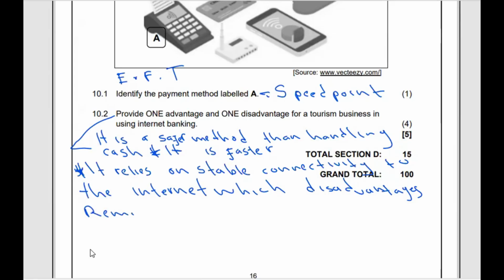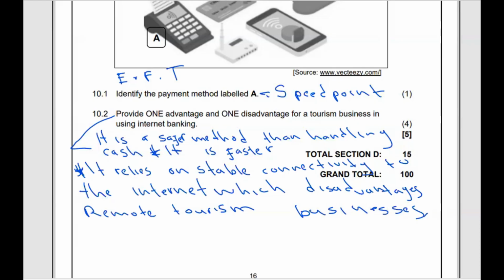For those who operate in the cities, it can be fine. But for those who operate in remote areas, in national parks like the Kruger National Park, or even in the Karoo, it can be a challenge. So it relies on stable connectivity to the internet, which disadvantages remote tourism businesses.